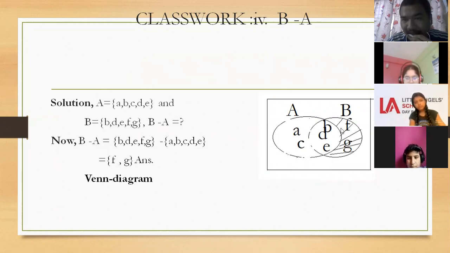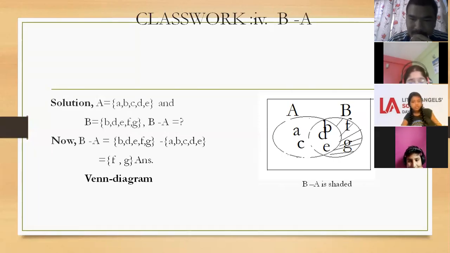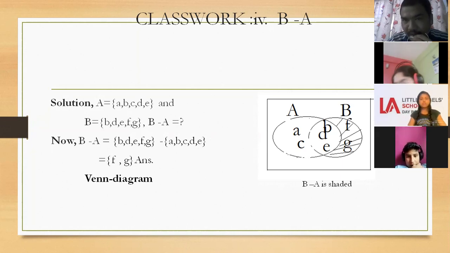That's why that will be shaded. And please don't forget one more thing that I am repeating. What should be written there? B minus A is shaded. Good. Are you clear, children, about it? Yes, sir. Very good.